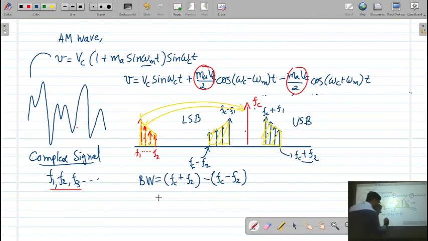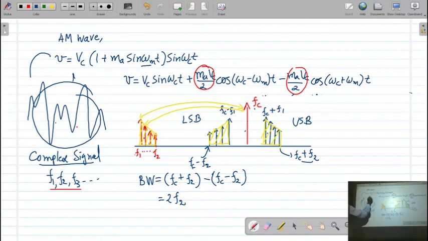And again you will find that this is equal to 2f2. So in a modulating signal, the maximum frequency we have is what determines the bandwidth of a modulated wave, and it is given by 2f2.